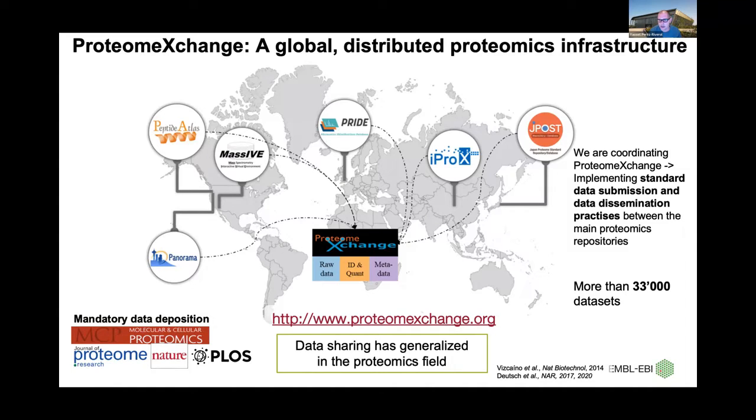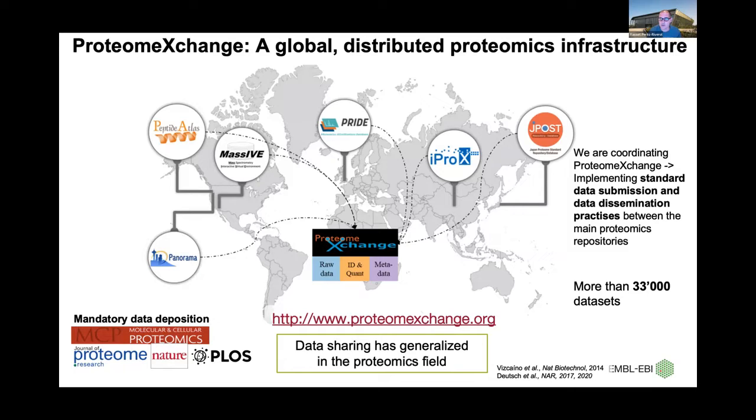The first publication of ProteomeXchange came in 2014. From my personal point of view, this has been an amazing success in the omics field. We have right now more than 33,000 datasets, and we don't think about any publication nowadays that is not coming with its data public.